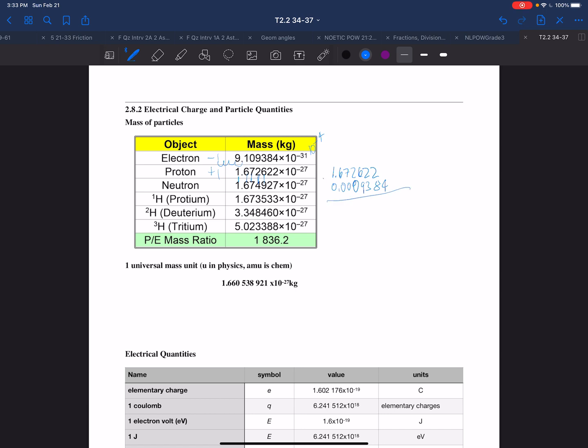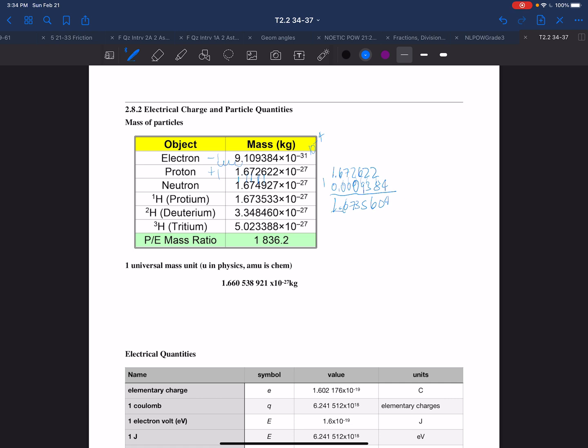That gives 0.0009384. And if we add those up, let me just do that a little more neatly. If we add those up, we get 1.6735604.